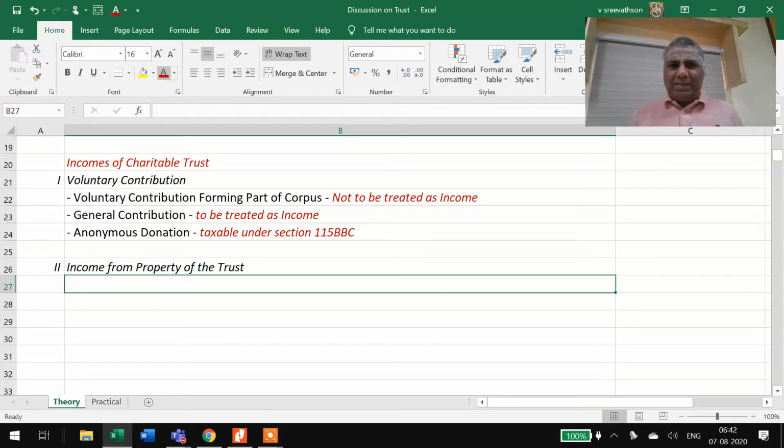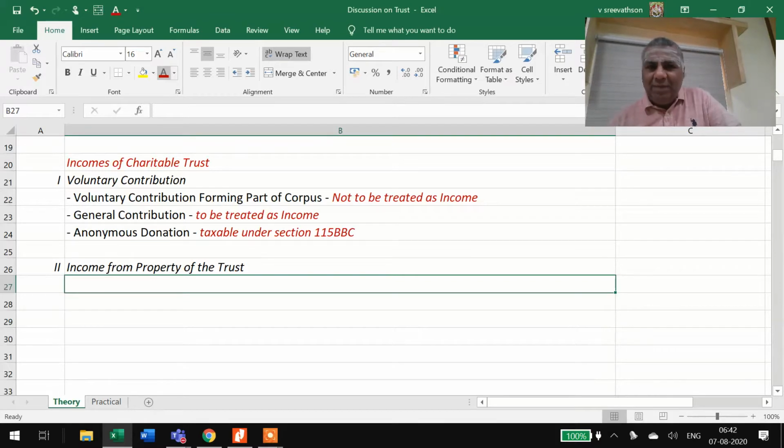Everything is a property. The term property should not be read as house property. It is talking about general property. It can be house property, my dear friends.